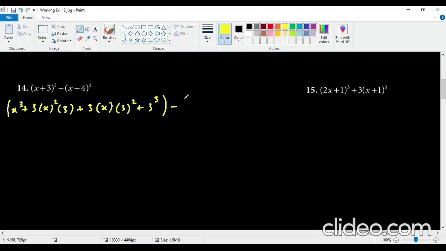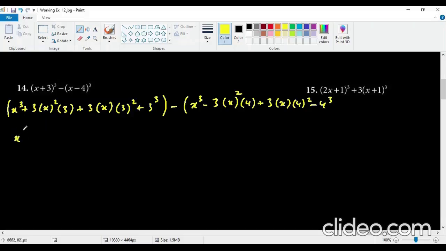First bracket, and then minus is going to be a cube minus 3a square b and plus 3ab square and minus b cube.